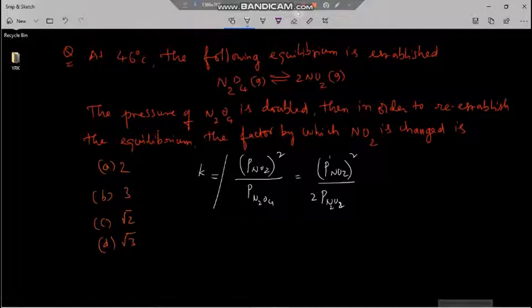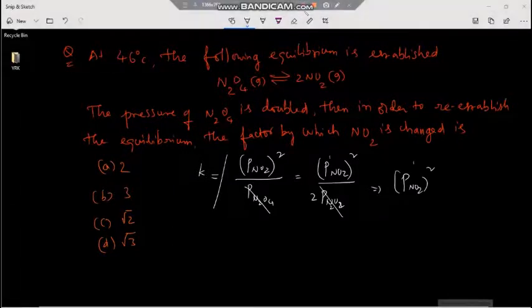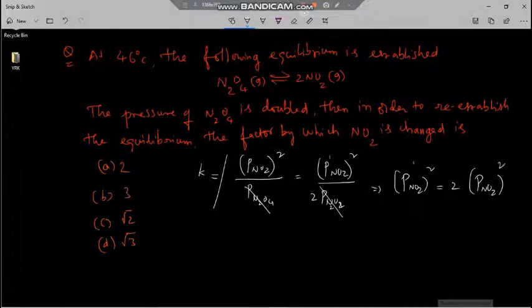So after this, what will happen? We can cancel the fractions. Then we can find that P dash NO2 whole square is equal to 2 into PNO2 whole square. We want only P dash NO2, so it will become the square root of this, PNO2 only.